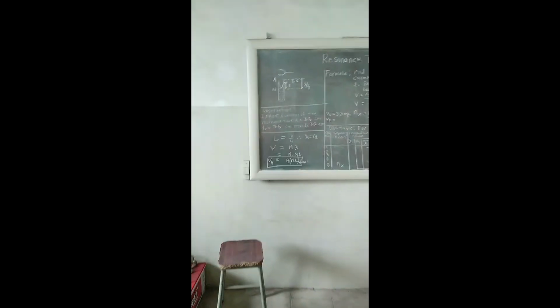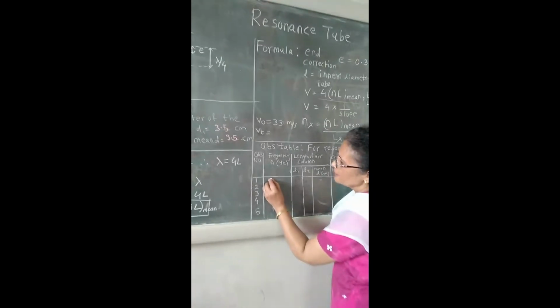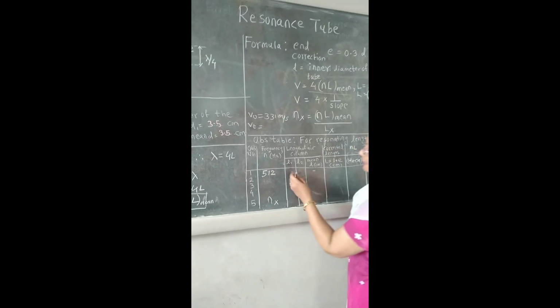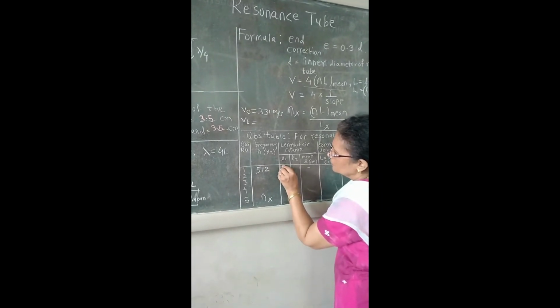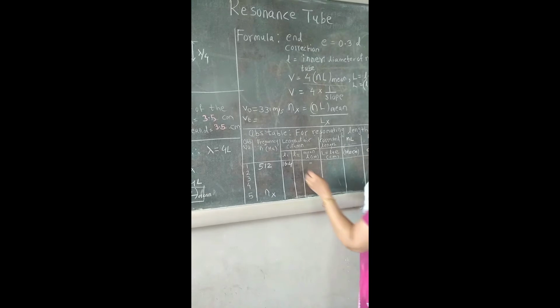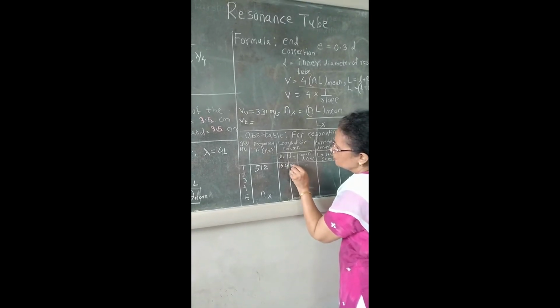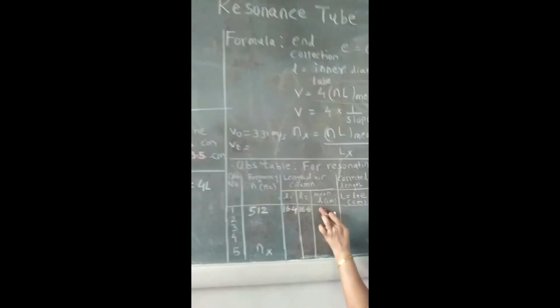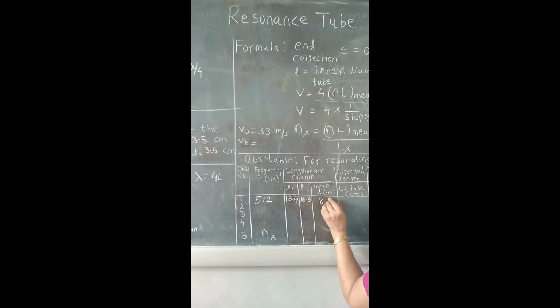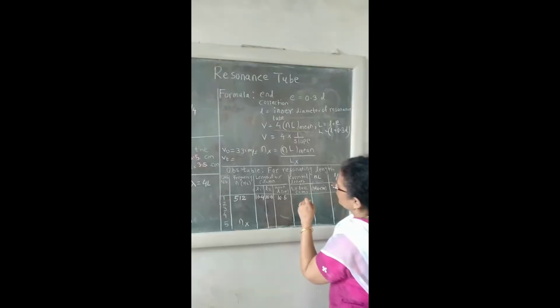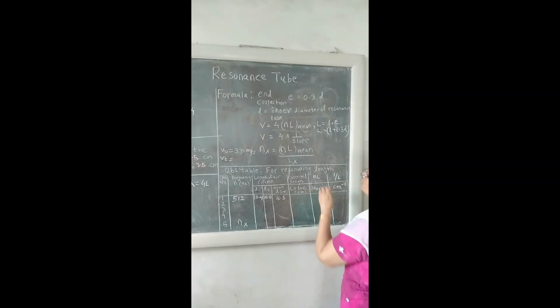Now see the observation table. The first frequency of the tuning fork is 512 Hz. The length the first time was around 16.4 centimeter and the second time it comes 16.6 centimeter. Find the mean of these two, it is 16.5 centimeter. Find out capital L. For capital L you have to add the end correction.